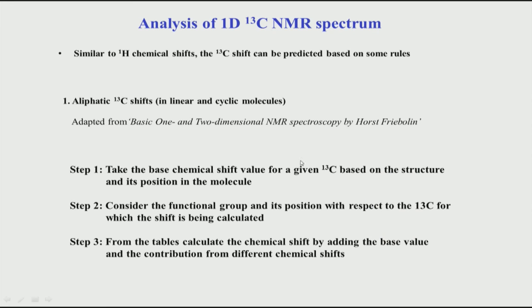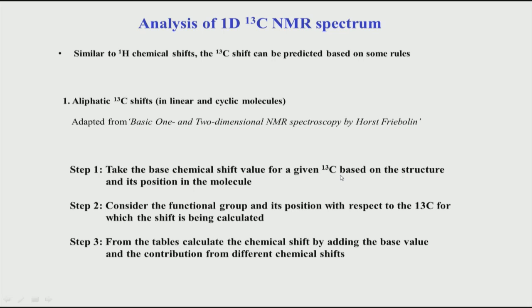These are the basic 3 steps, very similar to what you do for hydrogen proton. You start from a base chemical shift value for a given structure, let us say it is aliphatic or ethylene, or if it is aromatic, for a given functional group in a molecule, you start from a base value which will be given in a table.